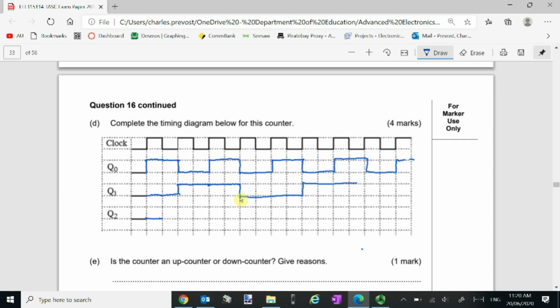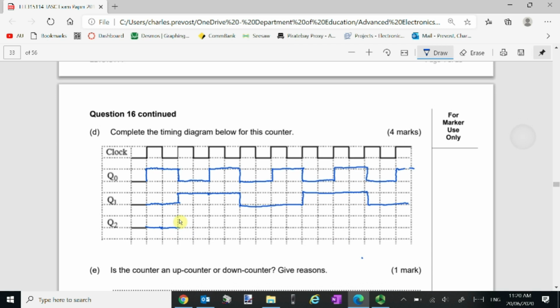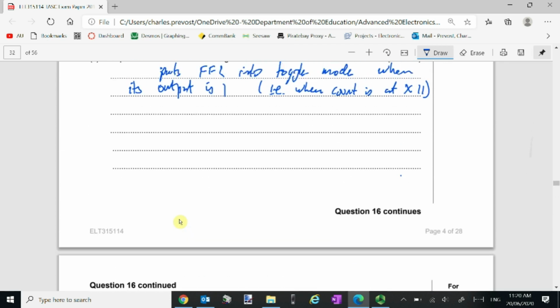We can now just look at the pattern that we're forming. We know with counters that the frequency is always going to halve. So this is going to change every 2 cycles of the clock, this is going to change every 4 cycles, and this is going to change every 8 cycles. We can look at the logic on Q1 to work out what Q2 is going to do.